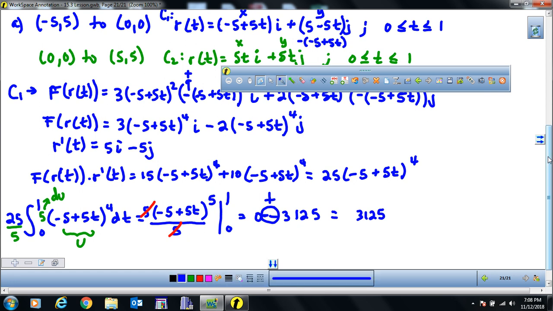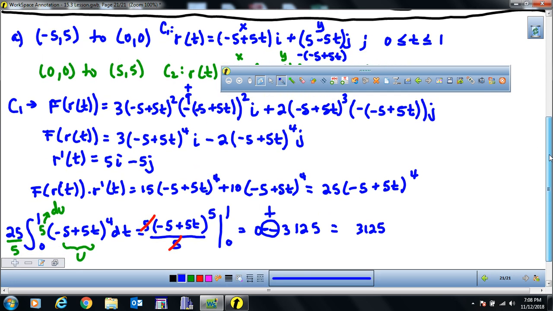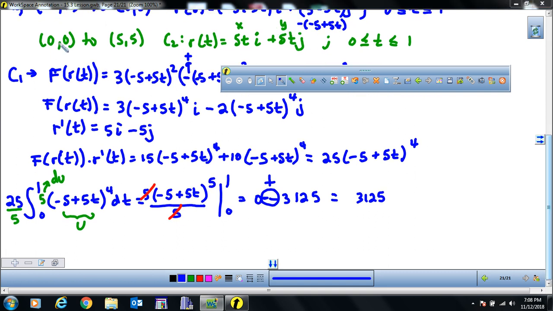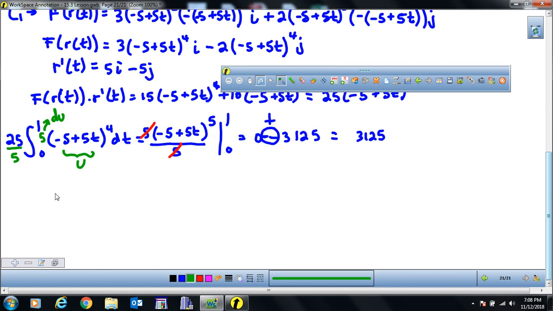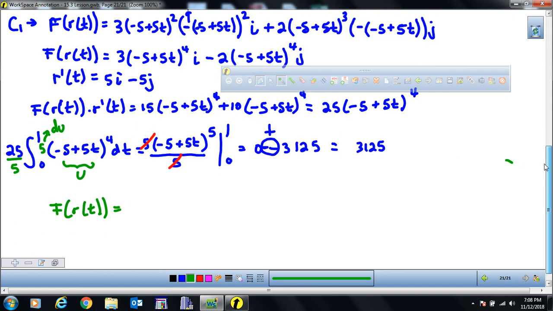Good. So now we're going to get the integral along path number 2, which is from (0, 0) to (5, 5). We found the parametrization. Now we need to write the field in terms of that parametrization, where x is equal to 5t and y is equal to 5t.